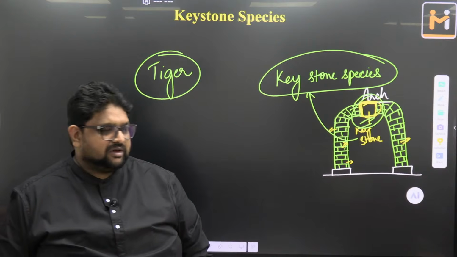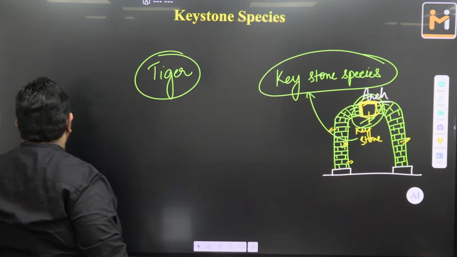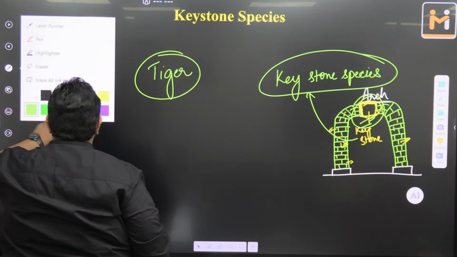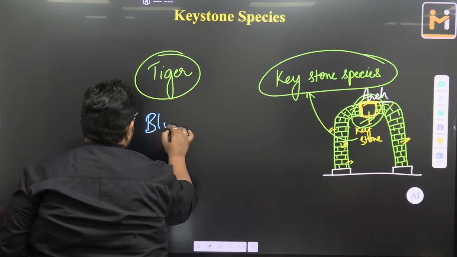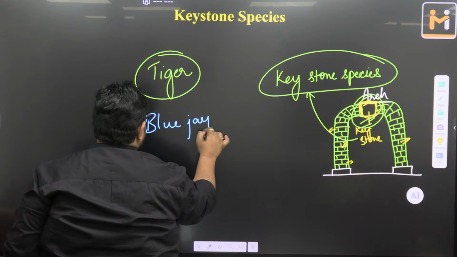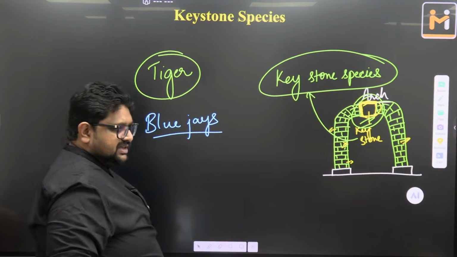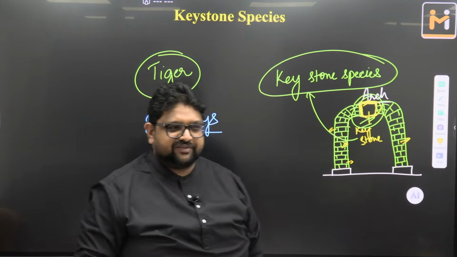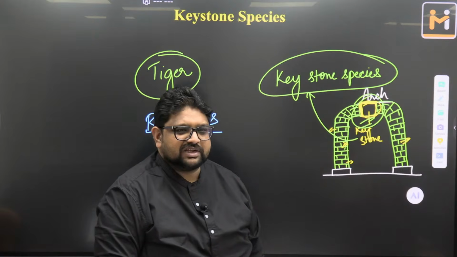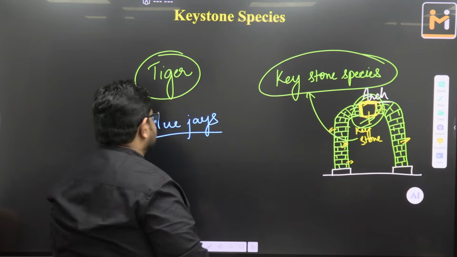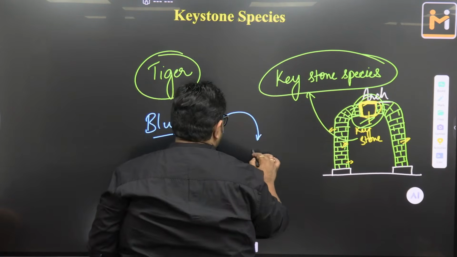Now another example is a bird called the blue jay. Cyanocitta cristata is the scientific name. There is a bird called blue jay, and this blue jay lives in oak forest.